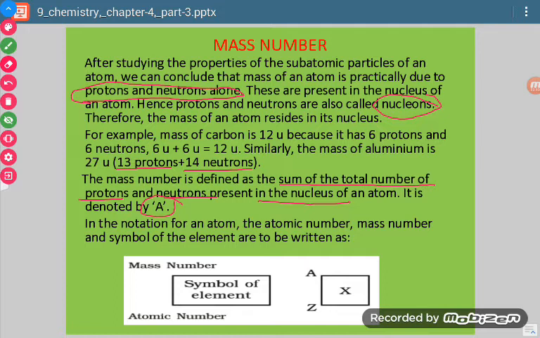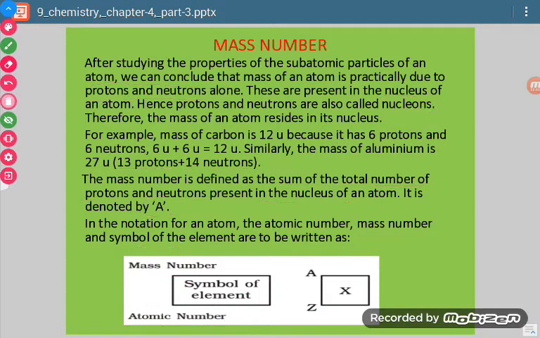Once we know them, how can we represent them? Whatever the symbol of the element is, we will write that, and at its foot we will write the atomic number, and on its top we will write the mass number.